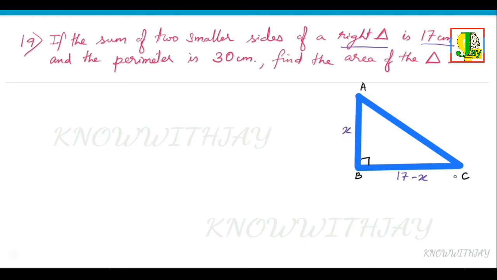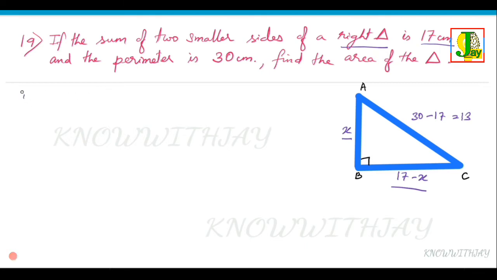So the sum of all three sides is 30, so the length of the hypotenuse has to be 30 minus 17, that's 13. You have to find the area of the triangle. So we just need to find these two sides, base and height, then we can use the formula.